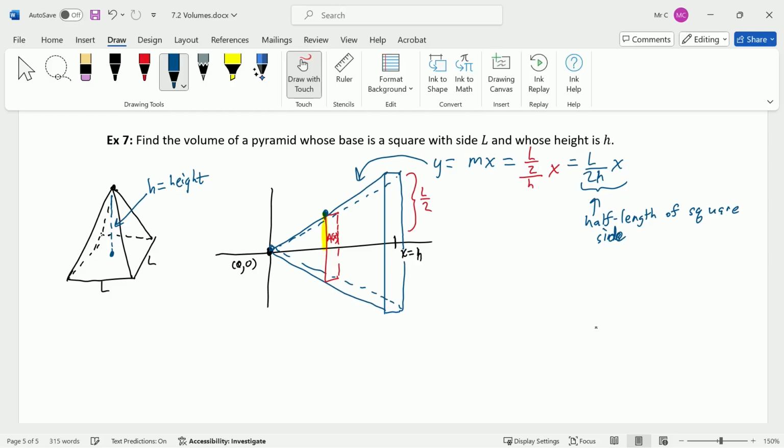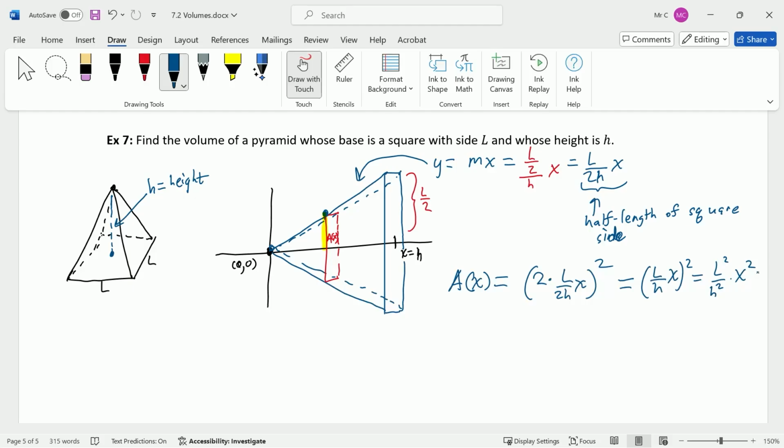So if I want the area of the cross section, I have to double that, 2 times L over 2h times x, and then square it, because the area of a square is the side squared. Of course the 2 over 2 cancels, so this becomes L over h times x, squared, which is L squared over h squared times x squared.